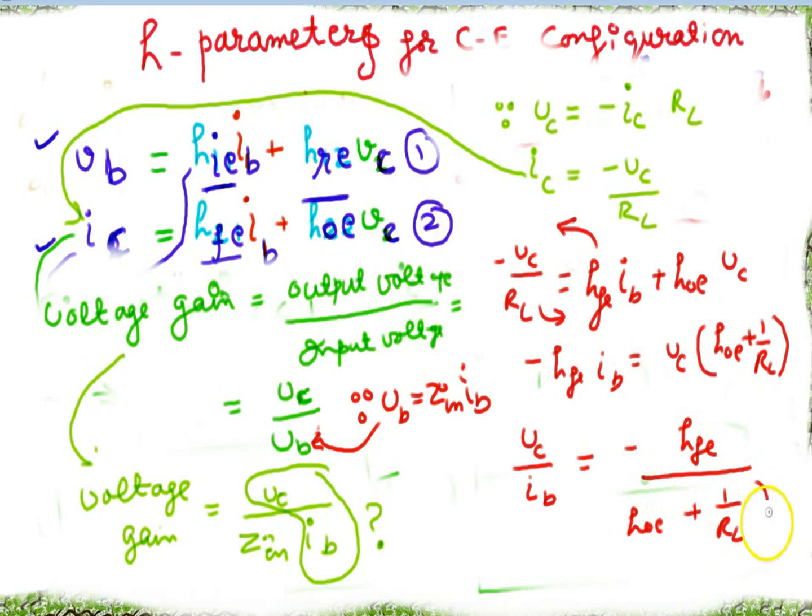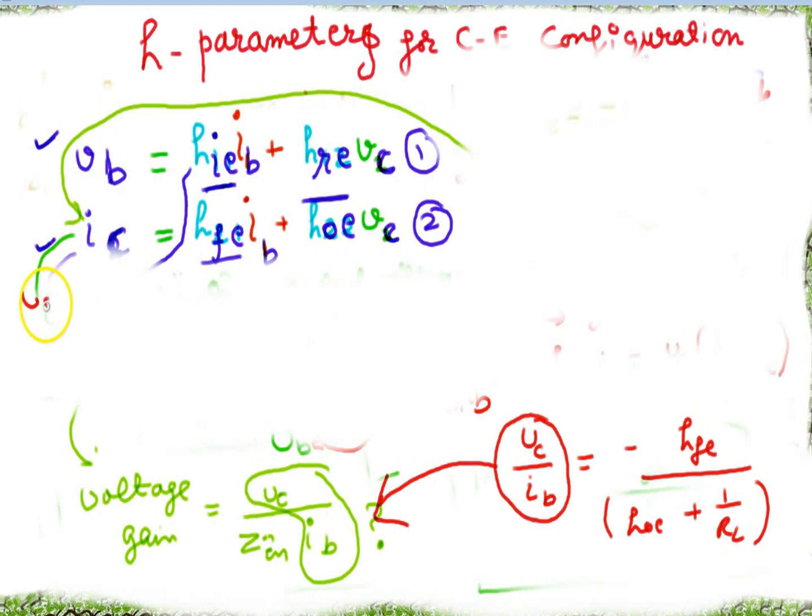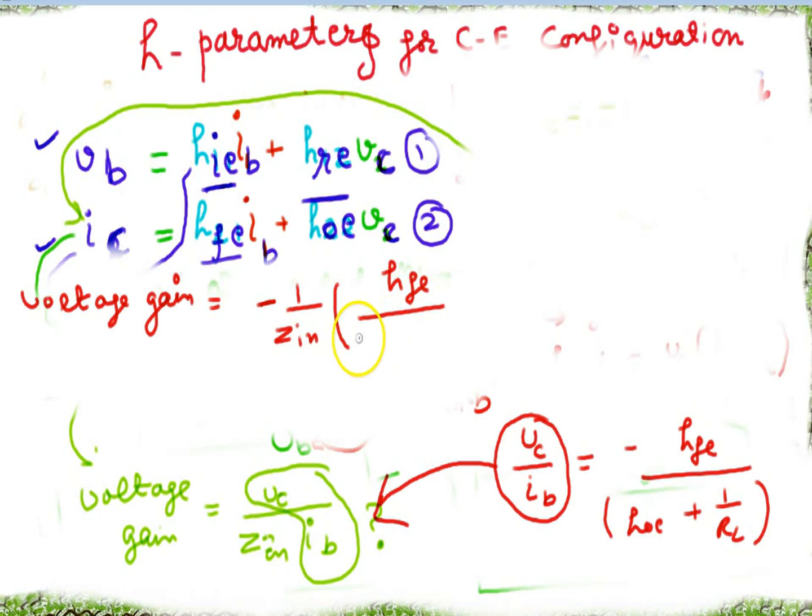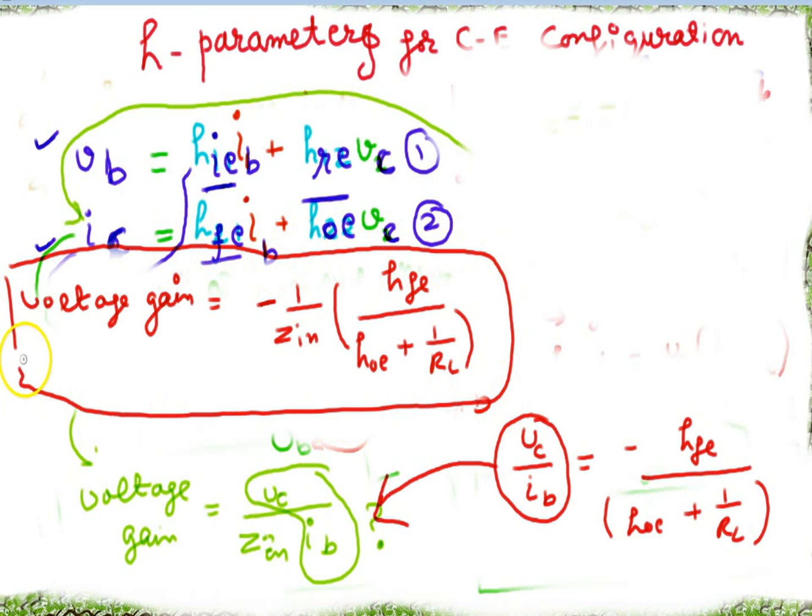Substituting this value of VC over IB in this equation for calculating voltage gain, it becomes equal to this. So this is the exact value of the voltage gain.